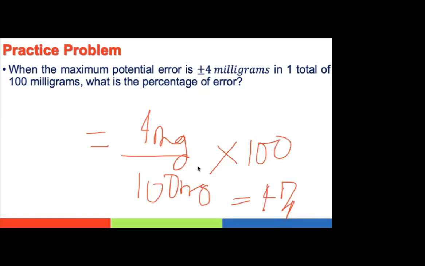Percent error, again, is equal to 4 milligrams, plus or minus or absolute value, over 100 milligrams times 100; cancel out this unit, the answer is 4%. Is 4% still acceptable? For me, to my standard, it's not acceptable. But the problem says that's the maximum potential error. So in that case, it's acceptable for that problem. Okay?